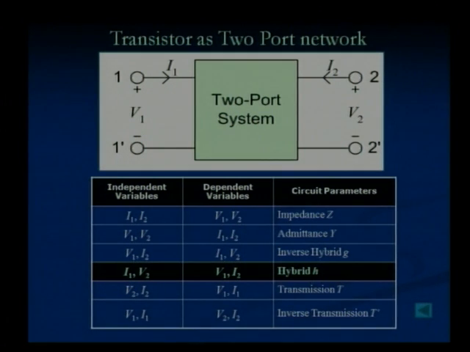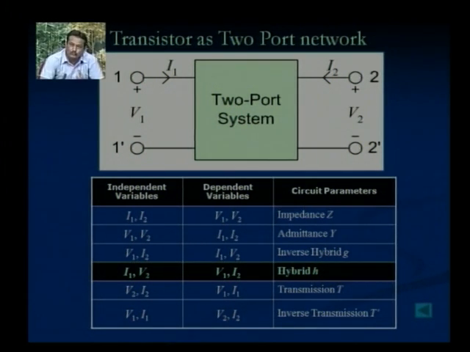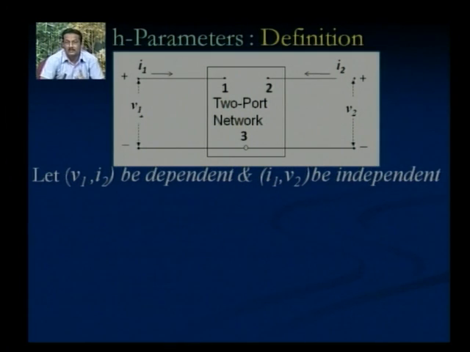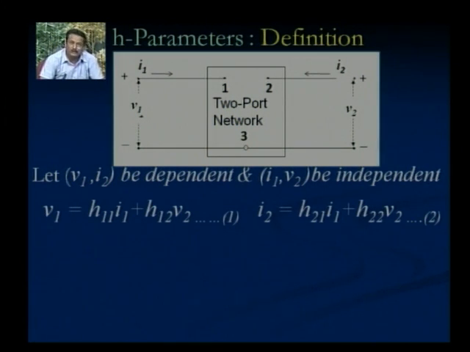So what are the H parameters? We are able to define them now. Out of these 6 possible ways, we can relate the 4 variables in a special way: let V1 and I2 be dependent and I1 and V2 be independent. In that case, the relations we obtain are represented by some constants.